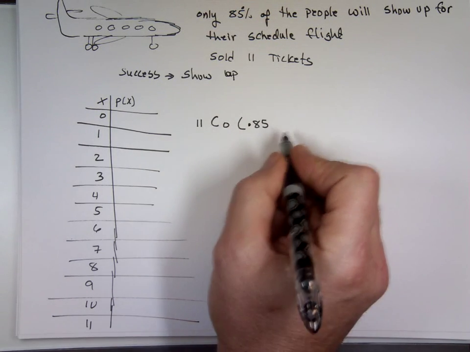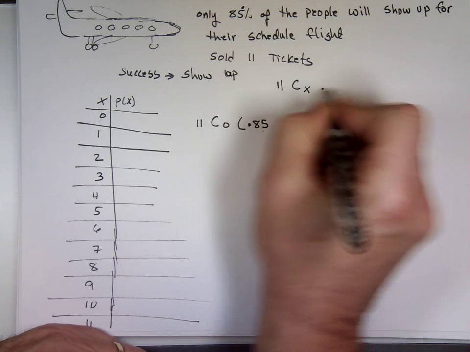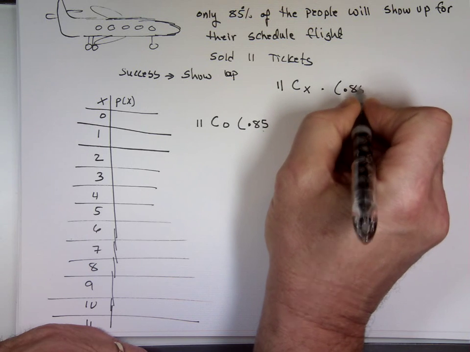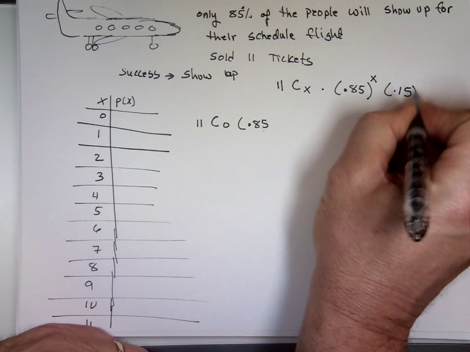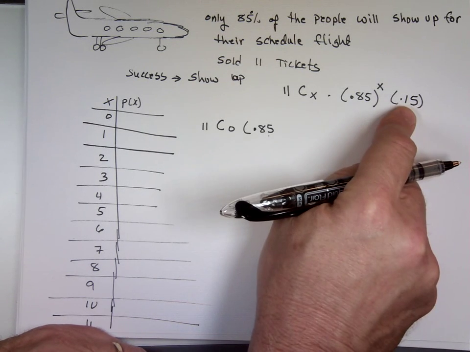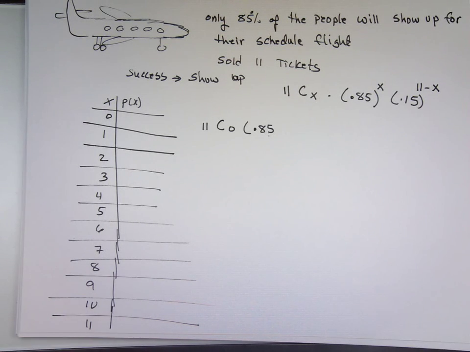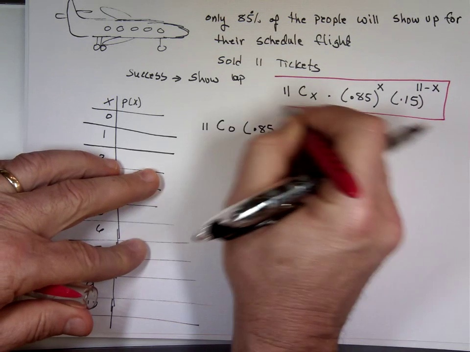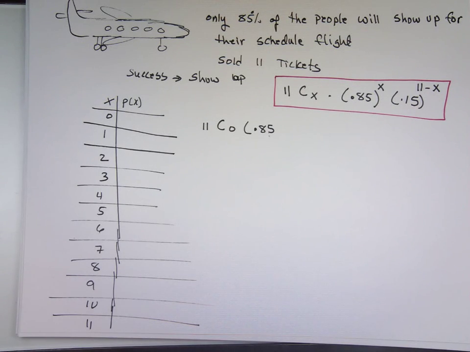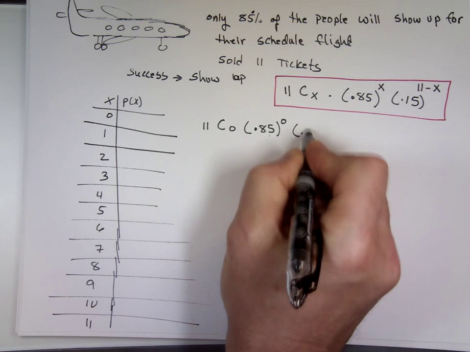So the equation I'm going to use: n is 11, C x times 0.85 to the power of x, times 0.15, failure is 1 minus 0.85, which is 0.15, to the power of 11 minus x. That's the equation I'm going to use. So for this one, x is 0, 0.15 to the power of 11 minus 0.